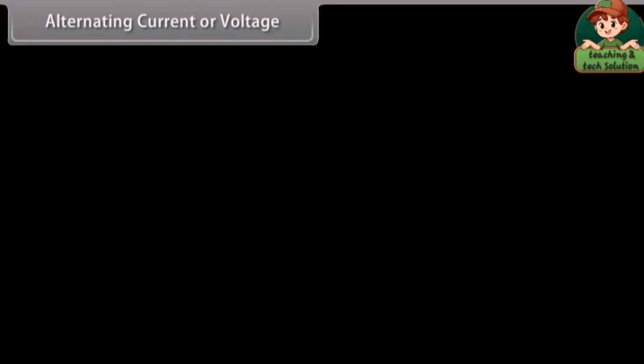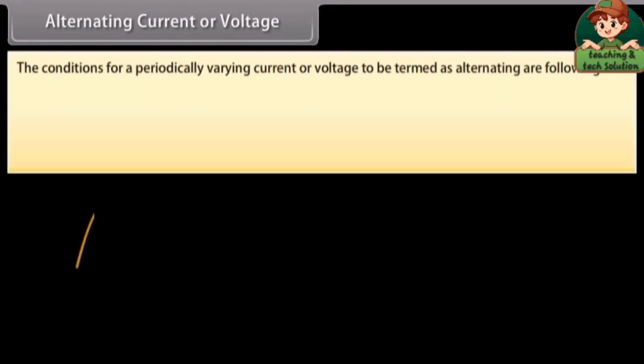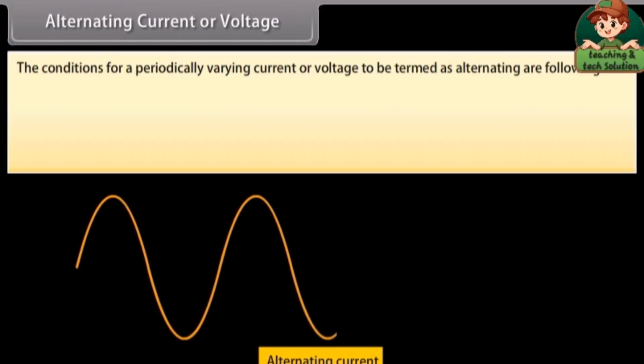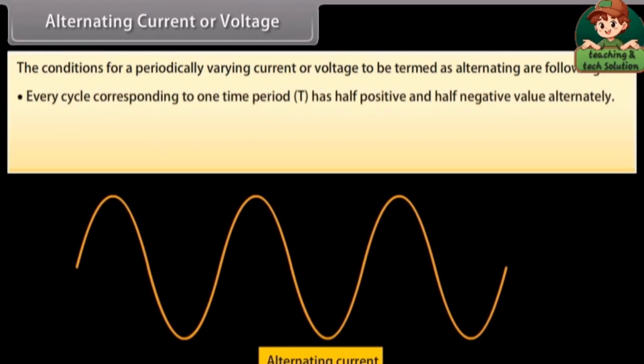Alternating current or voltage. The conditions for a periodically varying current or voltage to be termed alternating are the following. Every cycle corresponding to one time period has half positive and half negative values alternately.